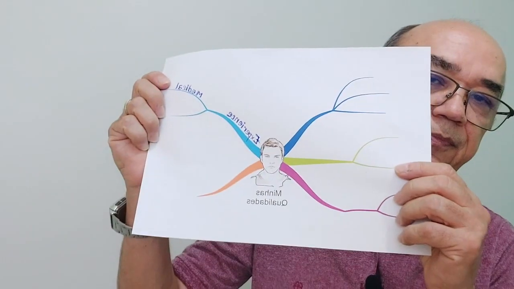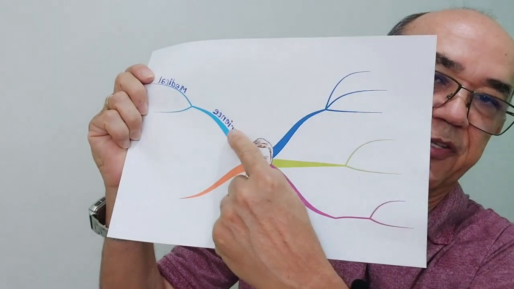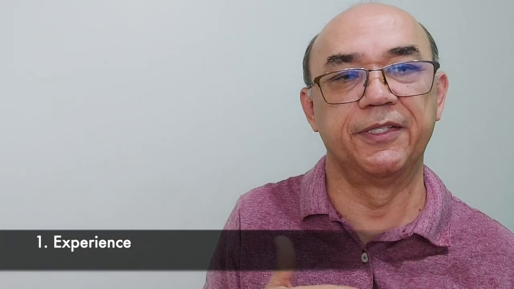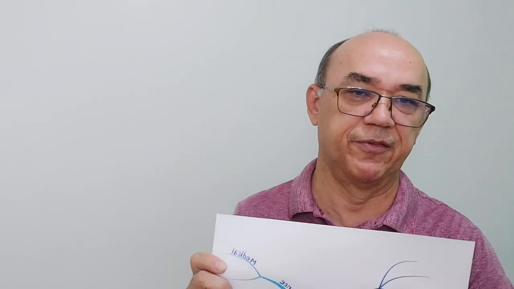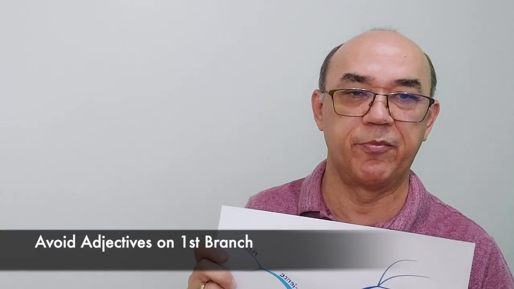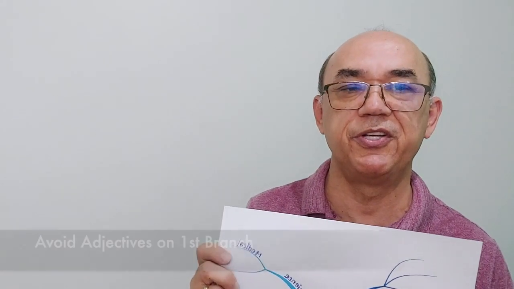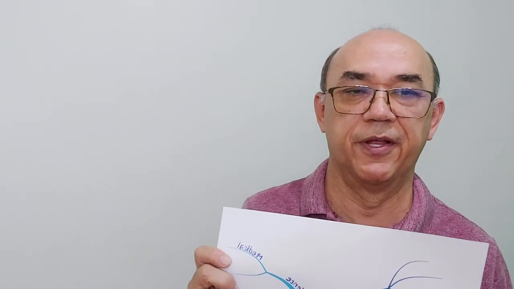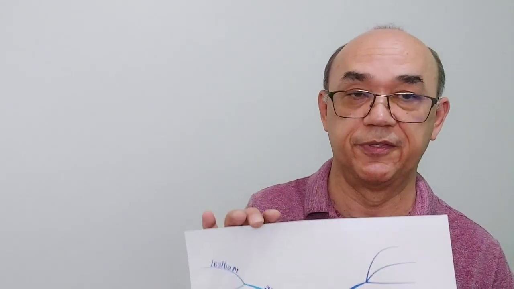Okay, now that you've done it, I'll show you what I did with the first primary branch. I wrote the word experience, and notice that I didn't write experient. I didn't write the adjective. I wrote the noun, experience. So I want you to avoid writing adjectives on the first branch. Remember that nouns are easier to recall than adjectives.